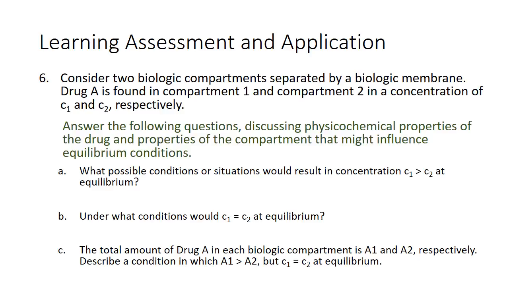Under what conditions would C1 equal C2 at equilibrium? That would be if there's no transport, and either the pHs in both compartments are identical, or the pKa of the drug is so different from the pHs of those solutions that it doesn't even matter if they're different. So if the pKa of the drug is really high or really low, and the pHs of those compartments have no bearing on the ionization state of that drug, the pHs may not matter.